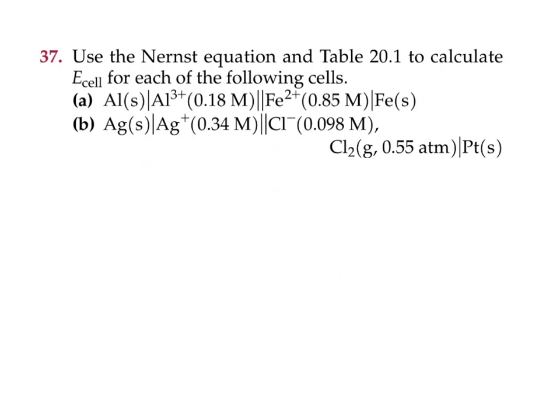Okay. This one: use the Nernst equation to calculate the cell potentials at non-standard conditions, 25 degrees Celsius though, for these things. Let's just look at A. To me then, you'd have to do kind of what we just did.